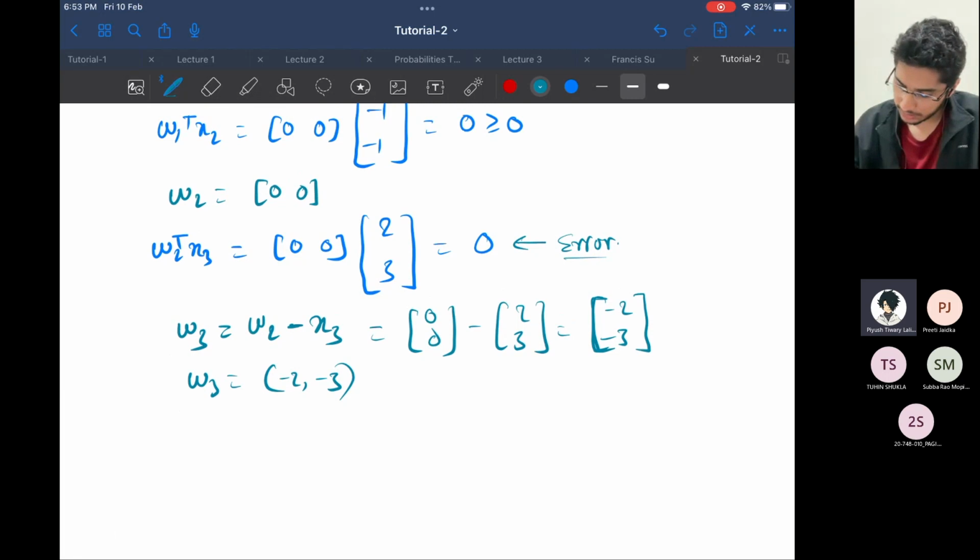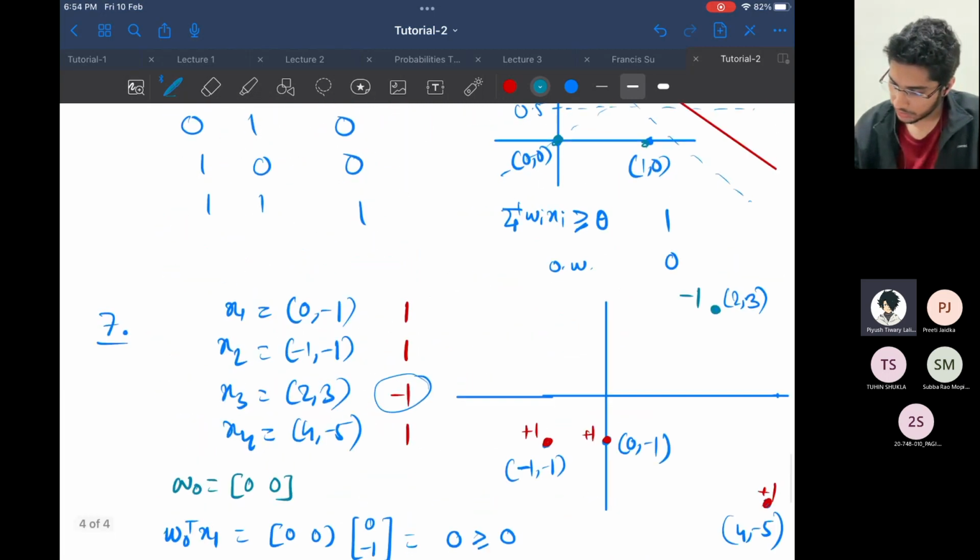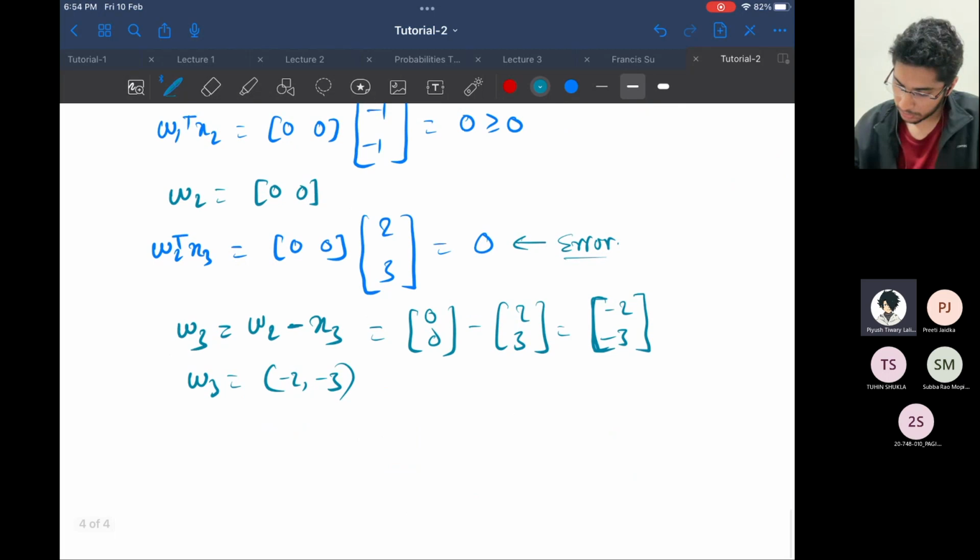Now you have your W3. Now you will check what is the value of W3 transpose x4. Minus 2 minus 3 is W3 transpose. What is your x4? x4 is 4 and minus 5.